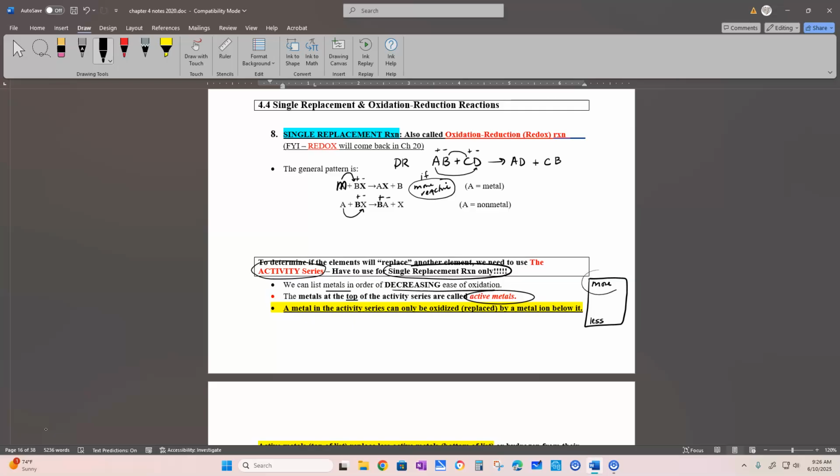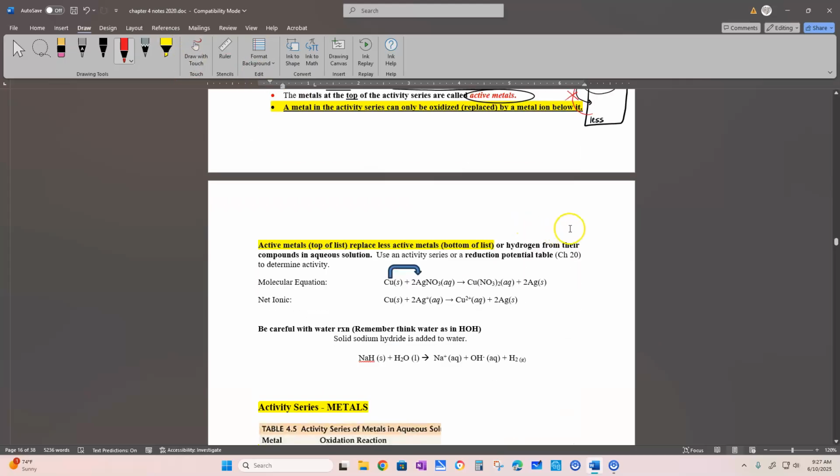So these elements that are on top, they can replace anybody below them. So a metal in the activity series can only be oxidized, aka replaced, by a metal above it. It doesn't work the other way. So if I try to have a metal that's down here try to replace somebody up here, not going to happen. So you have to have a metal that's more reactive than who it's trying to replace.